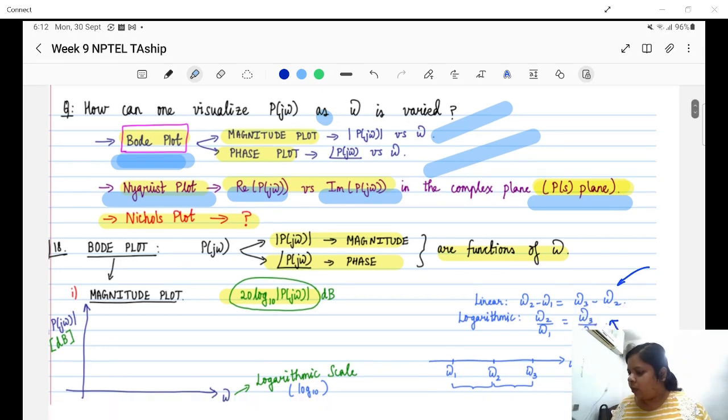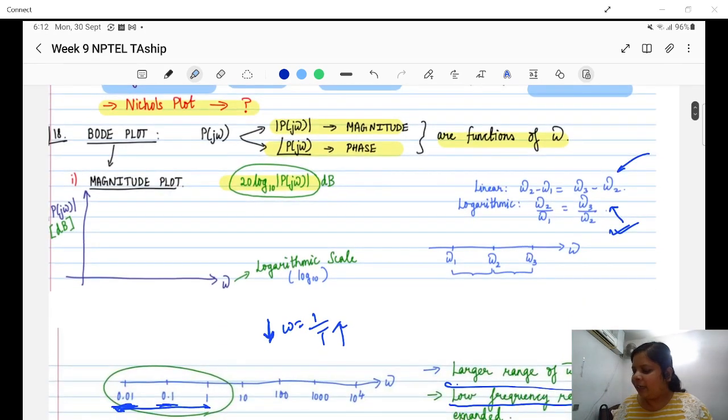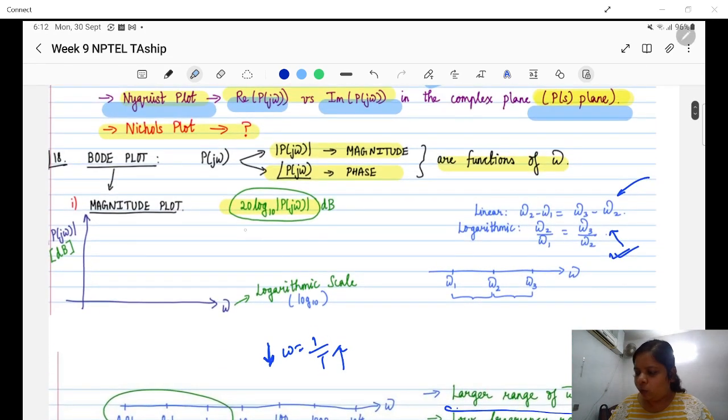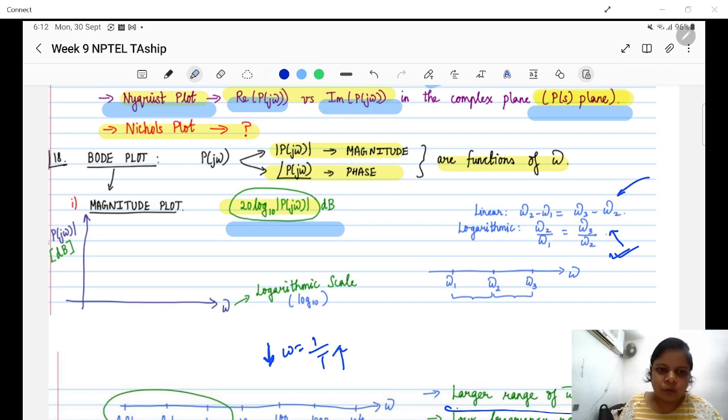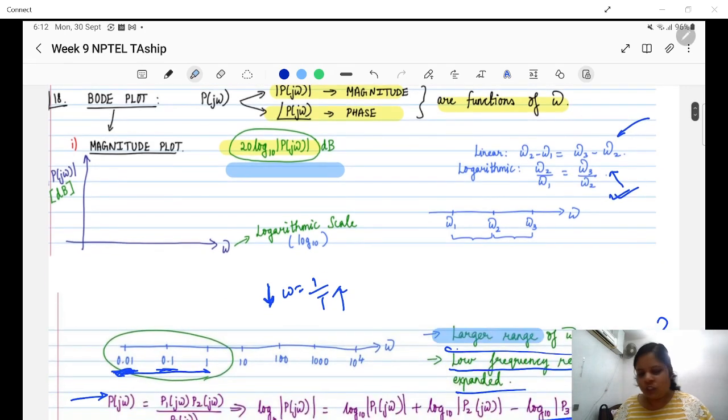But let's see. Okay. So for the plot, we had seen that if it is for a constant magnitude, we are going to have the gain as 20 log magnitude of the transfer function, because we want to do everything in dB scale. Moreover, we also saw what are the benefits of using logarithmic scale. Like, you could have larger range of omega. You can have low frequency region expansion.